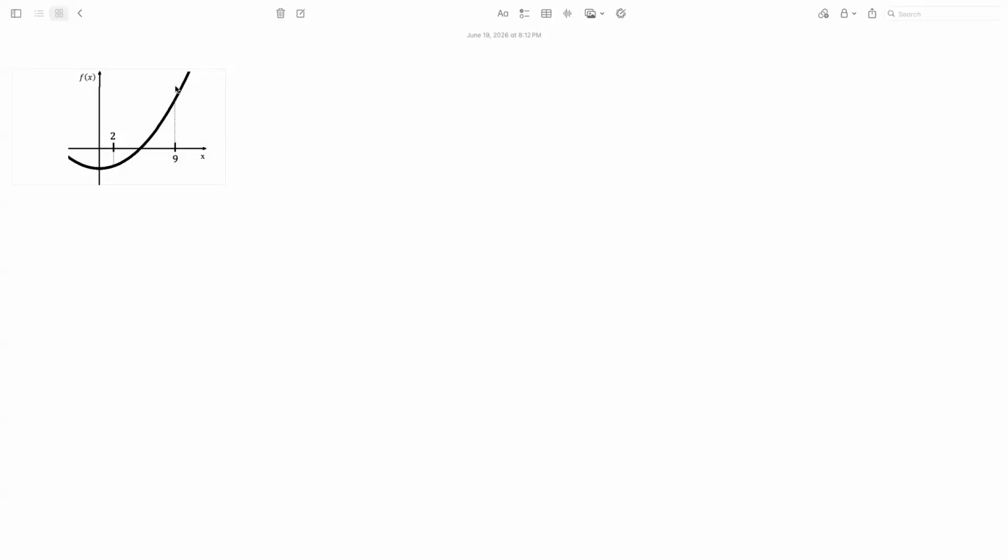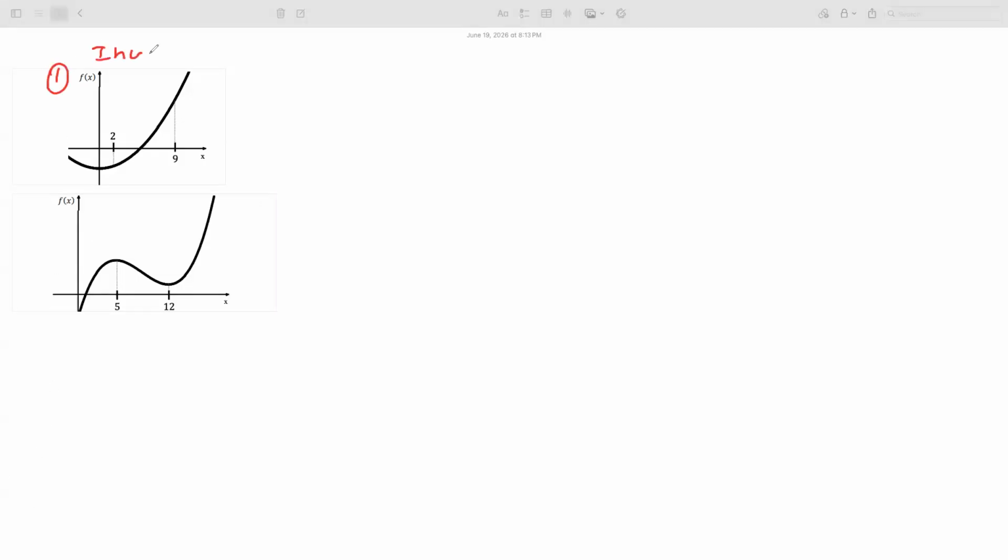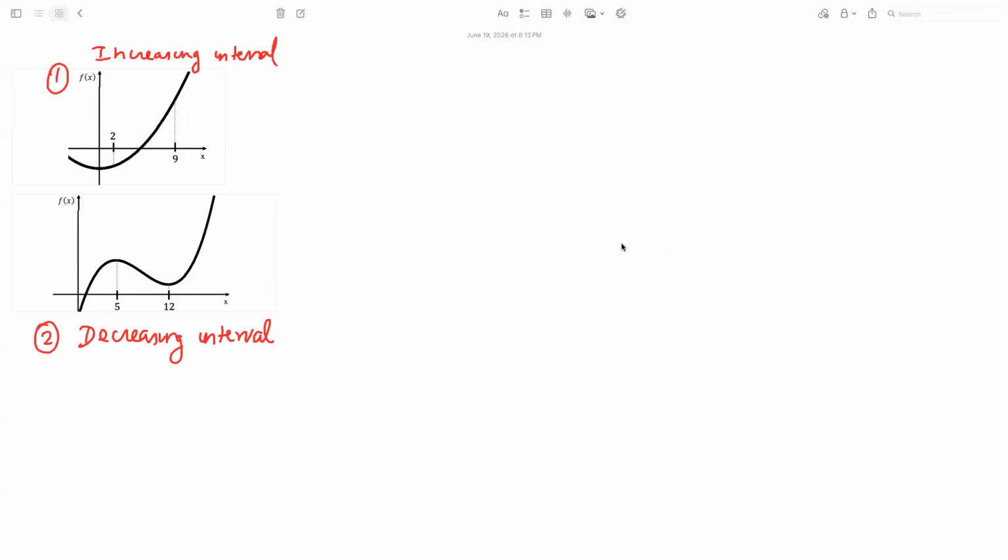I want to tell you about the decreasing interval. So here, there are two questions on the board. Let's put it out as 1 and 2. For this one, I want to understand the increasing interval. For this one, I really want to understand the decreasing interval. Please don't keep quiet there. There's no point.